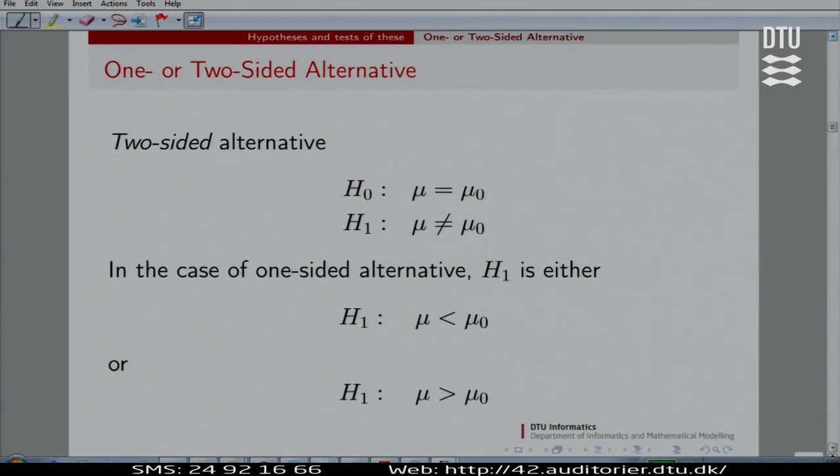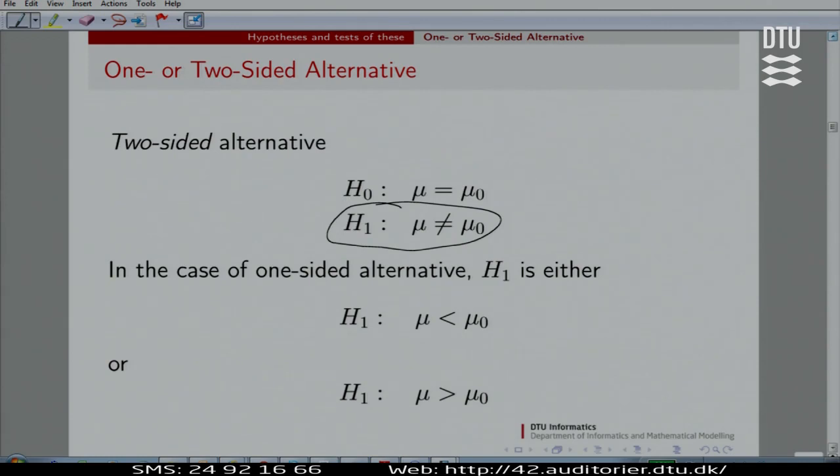Either we have this two-sided situation that would refer to my Lundbeck-Novo example with the pills. If you claim something on the pills, it would be a bad thing if it's not directly on the target. It shouldn't be too low, it shouldn't be too large. That's a two-sided alternative.